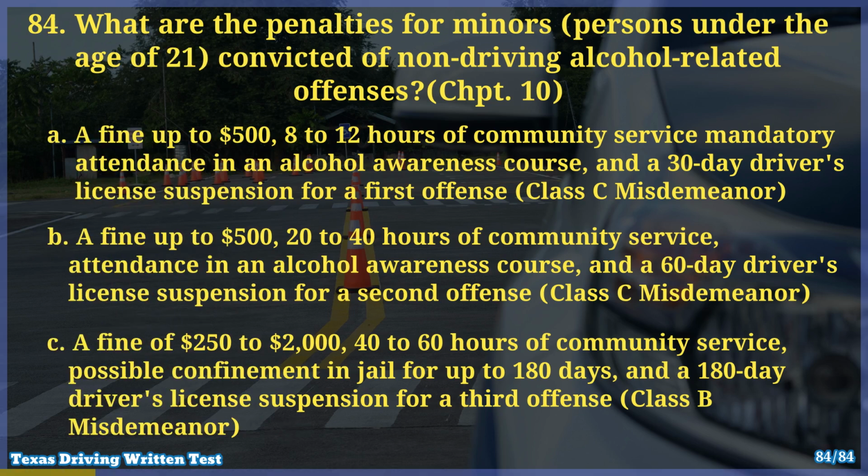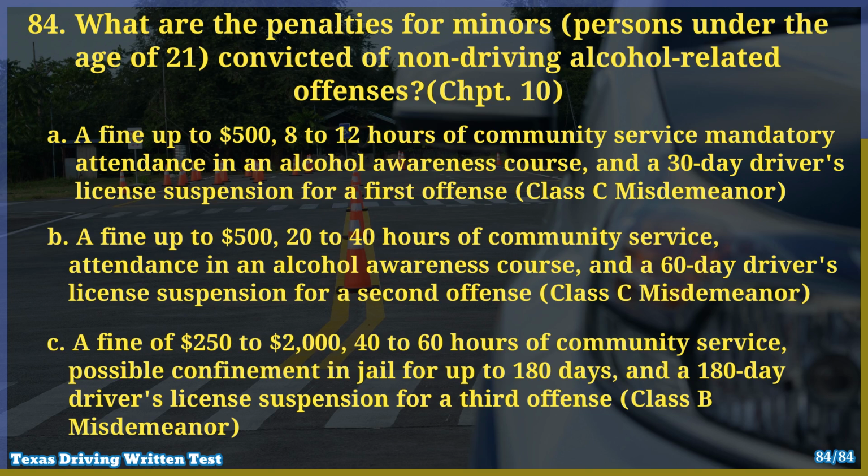84. What are the penalties for minors, persons under the age of 21, convicted of non-driving alcohol-related offenses? A. A fine up to $500, 8 to 12 hours of community service, mandatory attendance in an alcohol awareness course, and a 30-day driver's license suspension for a first offense, Class C misdemeanor.